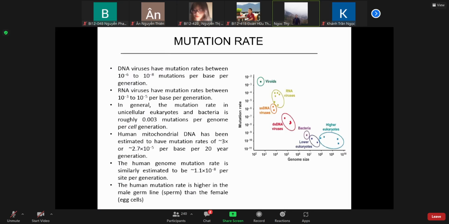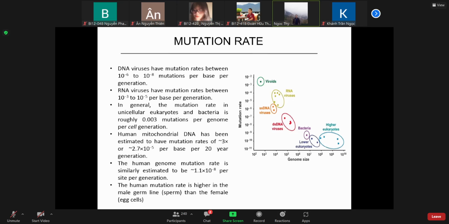So during DNA replication, the process can produce errors, and errors during DNA replication cause DNA mutation.